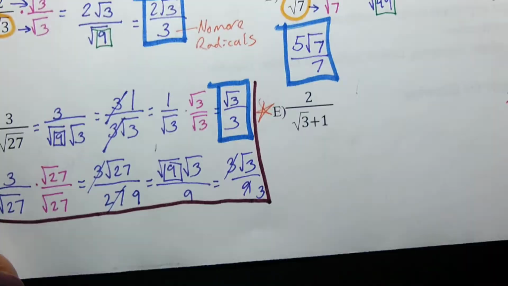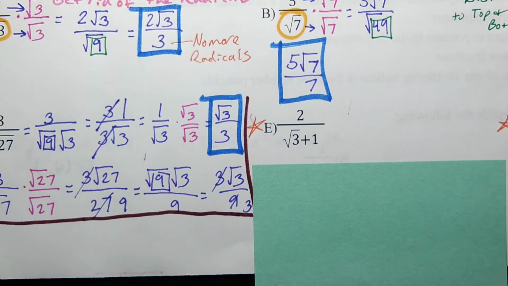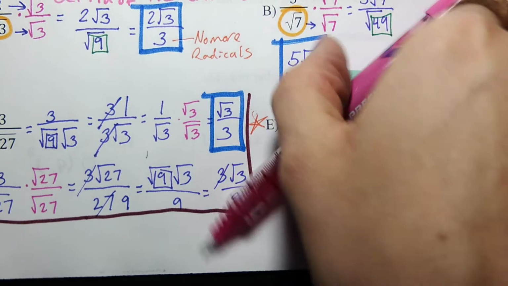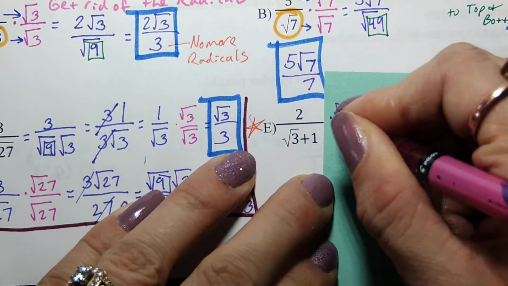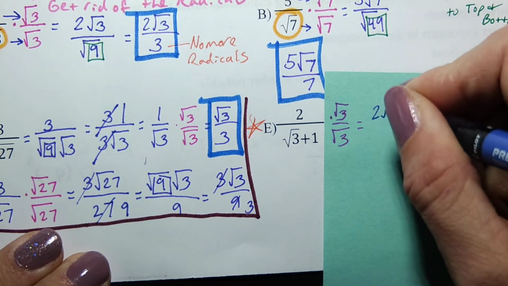Because to do E and F, we need to do something a little bit different. If I were to multiply by a radical 3, let's just show this on a piece of paper. So if I took that radical and multiplied it by rad 3 over 3, what that would give me on the top is 2 rad 3.